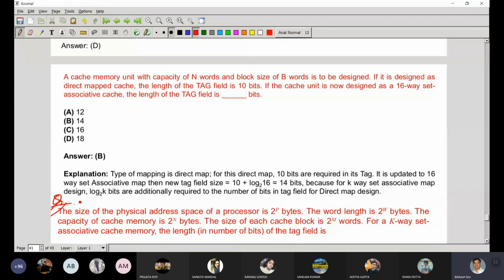That means p bits. Am I clear? Main memory address p, word length w, so total is p plus w. The capacity of the cache memory is 2 to the power n bytes. Now the size of each cache block is 2 to the power m words. For a K-way set associative cache memory, the length of the tag field: how much? Tell me.